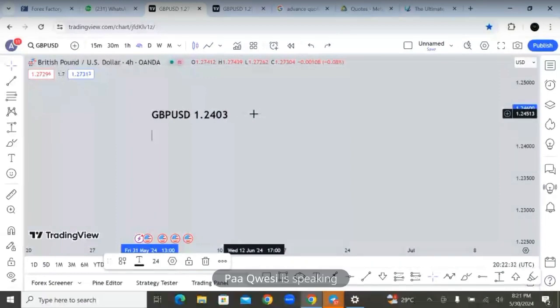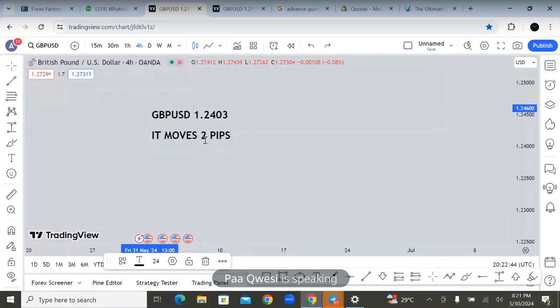If GBP USD moves 2 pips, you are going to add 2 to the 3. As I said, pips are calculated on the fourth decimal place. So if you want to calculate the new value or the new exchange rate, you are going to add 2 to the 3.